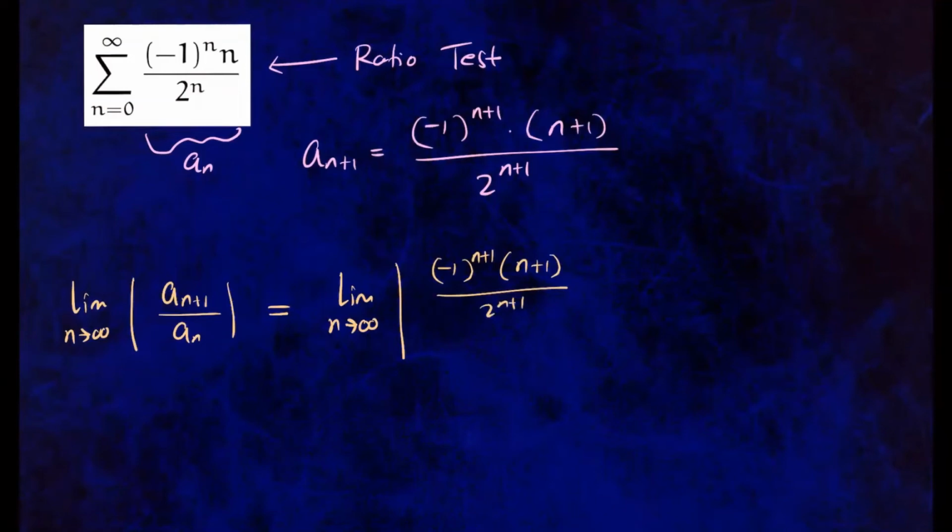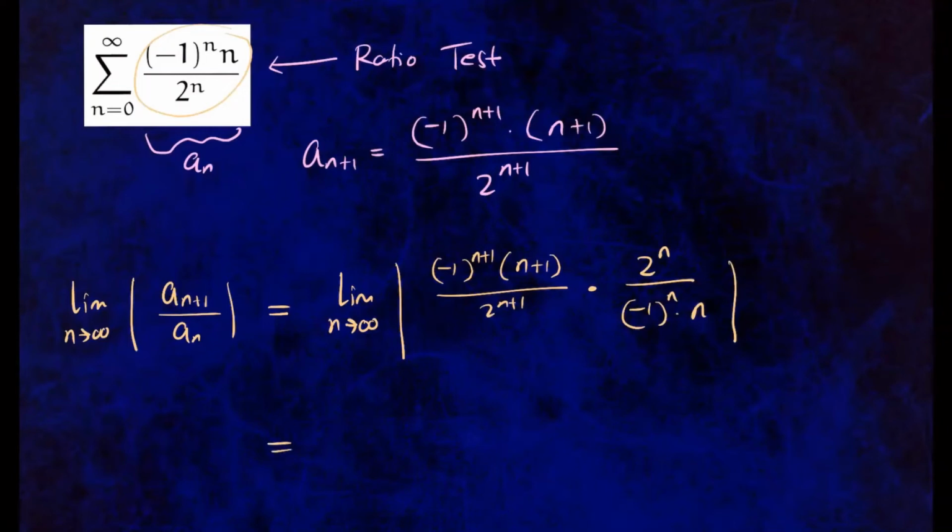Now dividing by a sub n is the same thing as multiplying by its reciprocal. So multiply by the reciprocal, 2 to the n times negative 1 to the power n times n. So instead of dividing by an, I multiply by its reciprocal. So algebraically, that's true. Now let's simplify.